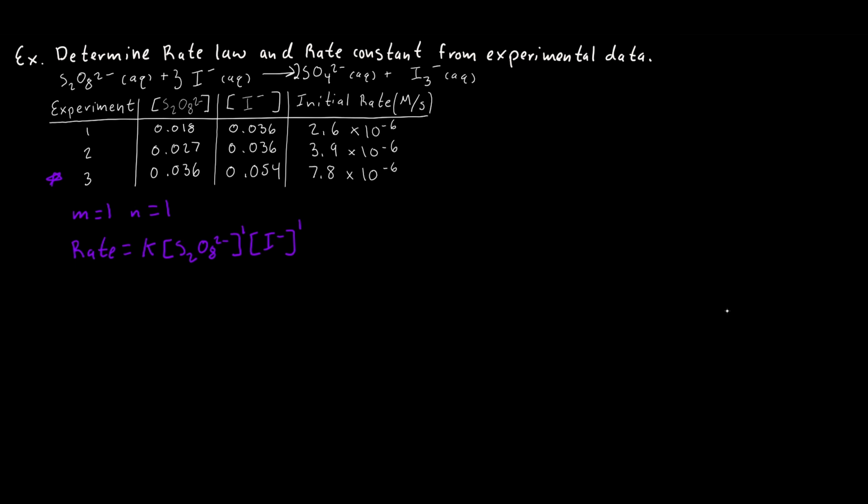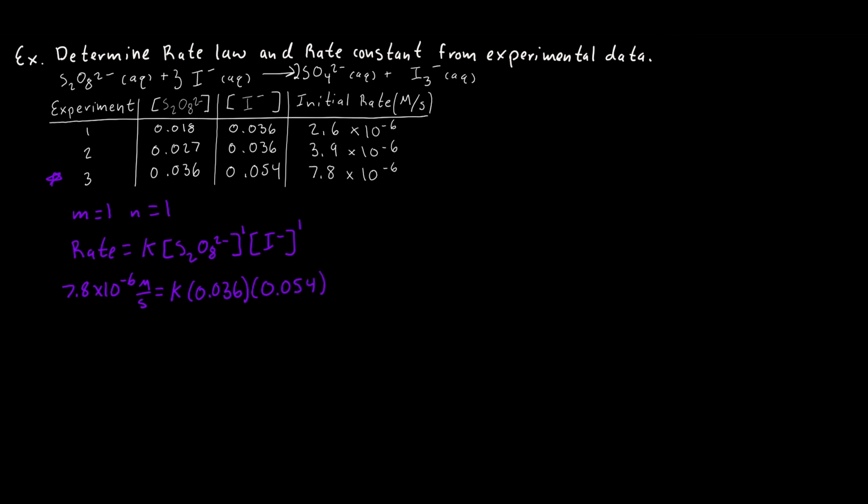So the rate is equal to 7.8 times 10 to the negative 6th molarity per second. And that's equal to K times the concentration of S2O8 2 minus, which is 0.036, times the concentration of I minus, which is 0.054.